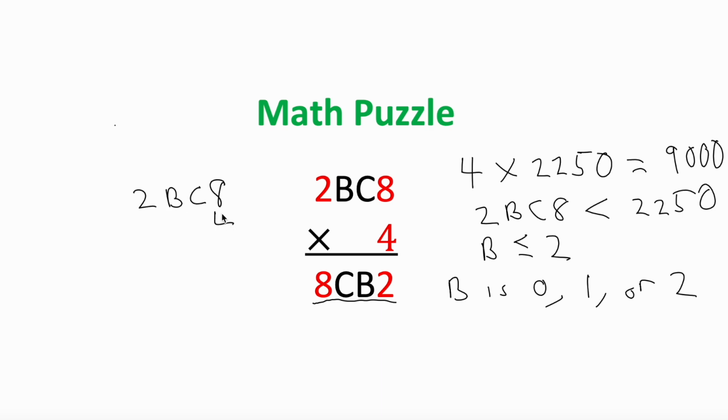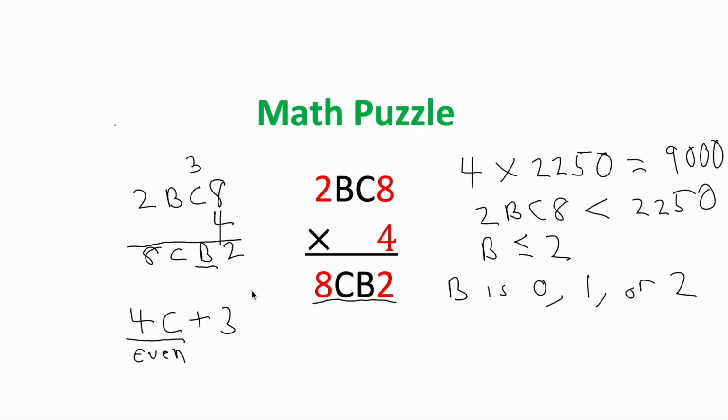Now let's look a little closer at the product. 2BC8 times 4, giving us 8CB2. So 8 times 4 would be 32, which means we would carry the 3. And then B would be the last digit of a 2-digit number, which we get by taking 4 times C plus 3. Well, 4 times C is even, because anything times 4 is an even number.